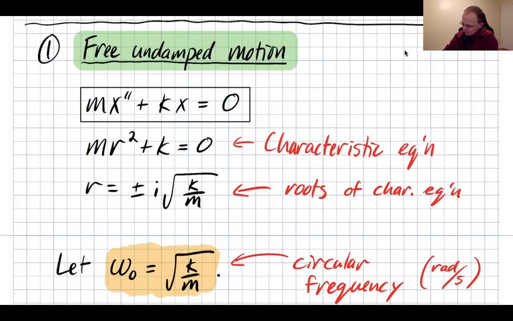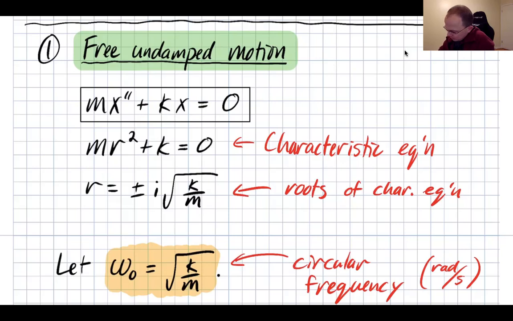And it's pretty easy to see that we would move this k to this side, and then we would get a negative k, and we would divide by m. So on the right-hand side, we'll get negative k over m. Let me just write this down. Maybe I'll put it over here.